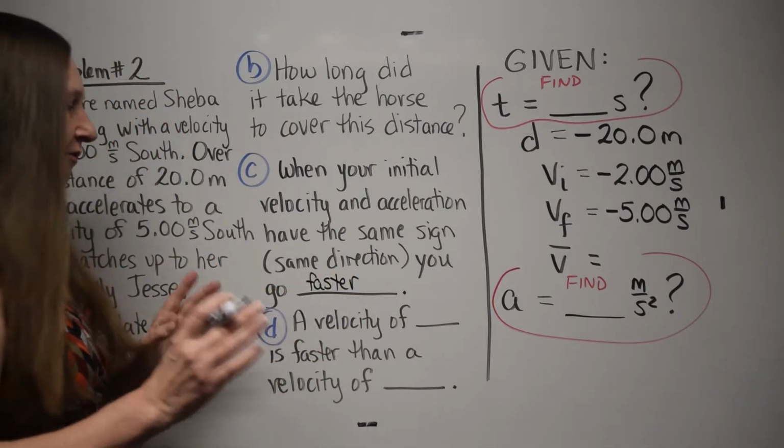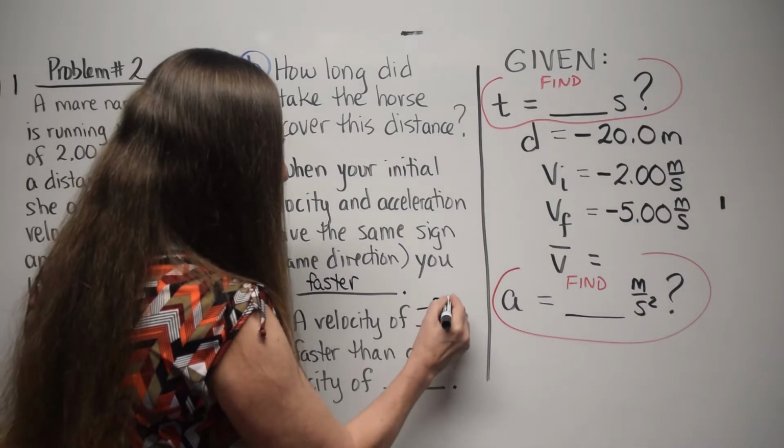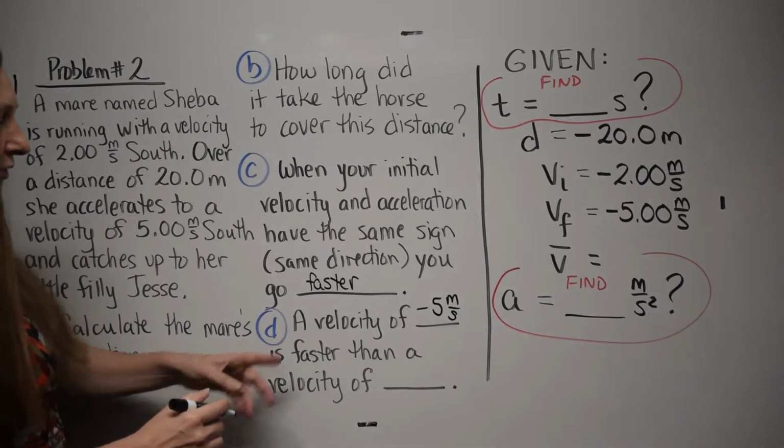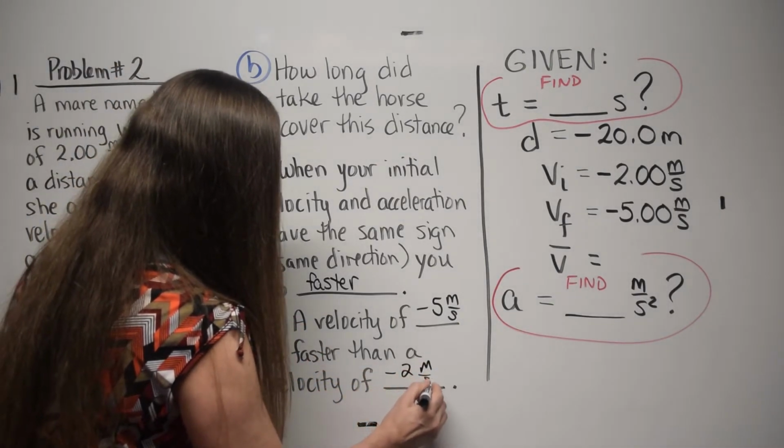And we know that we're going faster because a velocity of negative 5 meters per second is faster than a velocity of negative 2 meters per second.